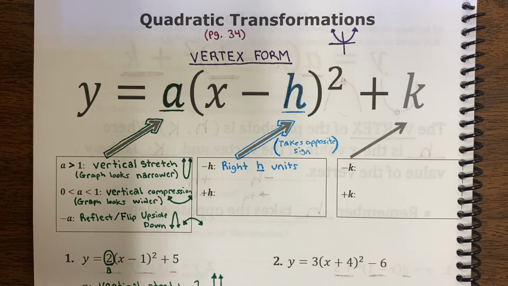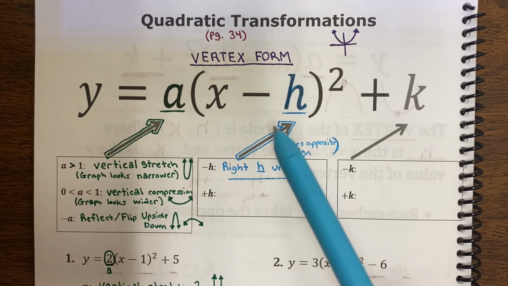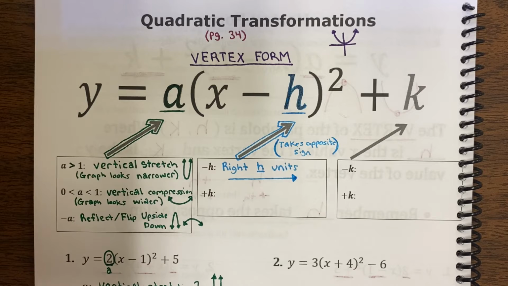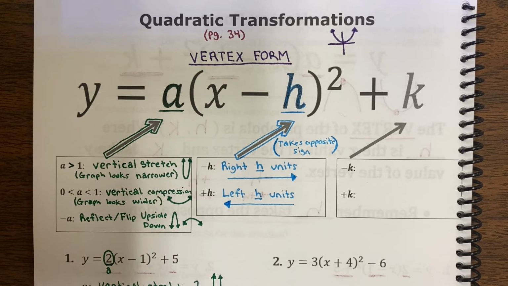So the number is going to be getting bigger because in real life, we would be adding h, and that's what makes it the negative. It takes the opposite sign. And if the form says plus h, we'll be moving left h units. Let's look at an example.